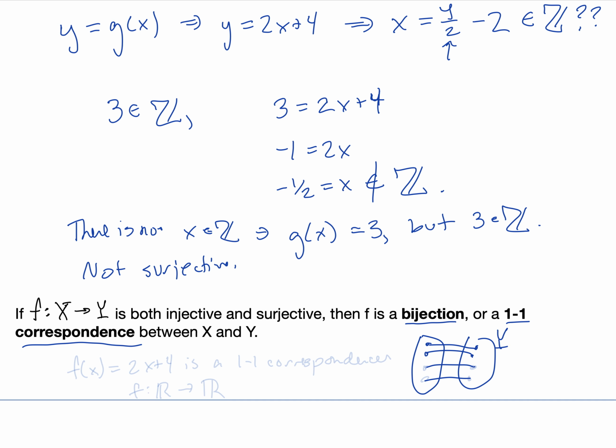The codomain is equal to the range, and there's never a case where two x values map to the same y value. So for example, as we saw above, f of x equals 2x plus 4, where f mapped the real numbers to the real numbers, was a one-to-one correspondence, or a bijective function, whereas f of x equals x squared was not a one-to-one correspondence, is not a bijection.